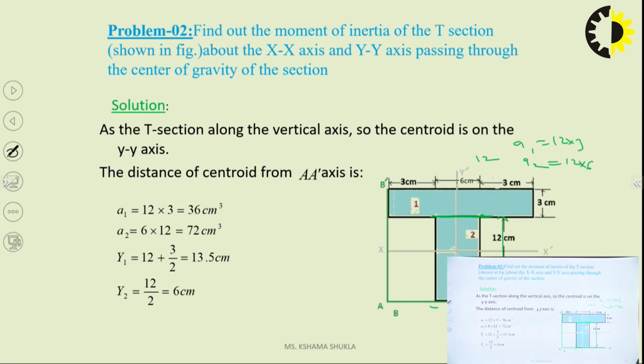If I need to find x1, how can I find it? First of all, I need to make some assumed axis. Like I assume that this is my x, neutral axis lies here, extreme bottom, and extreme left it lies.